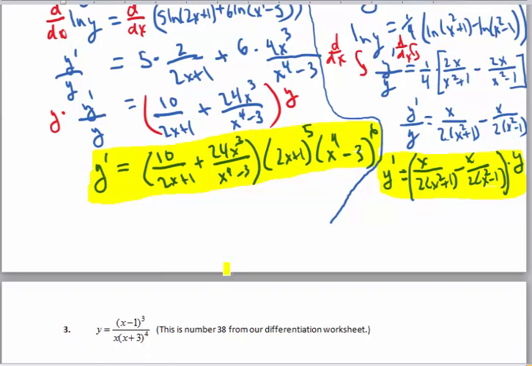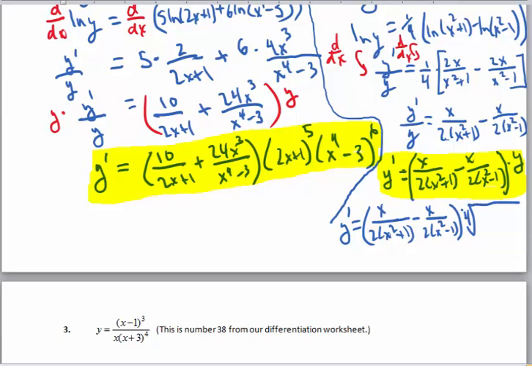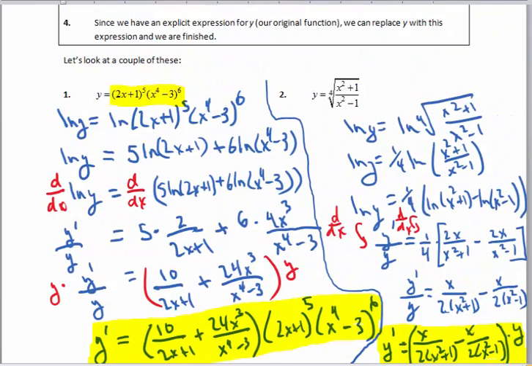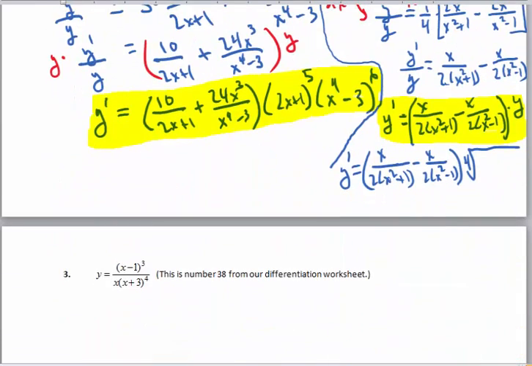And of course what you would just do at the end then is, again, replace y with the original expression for y, which was the fourth root of x squared plus 1 over x squared minus 1.